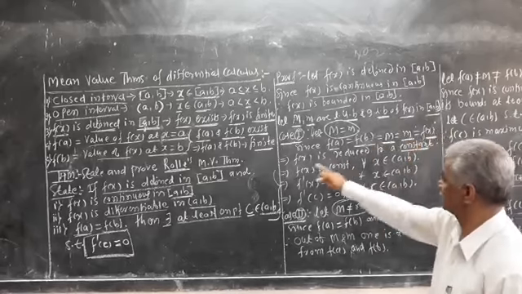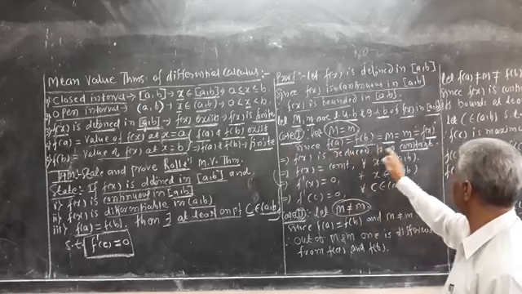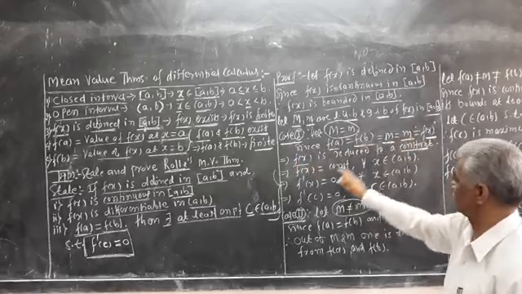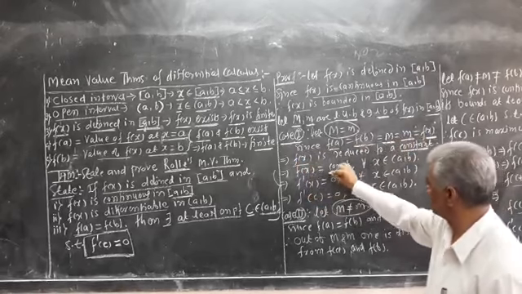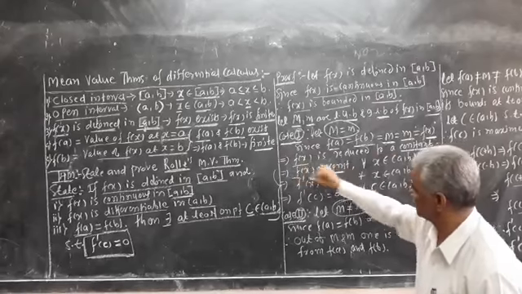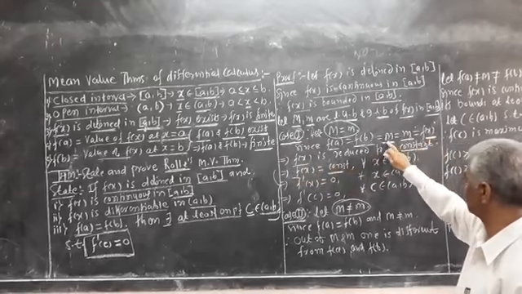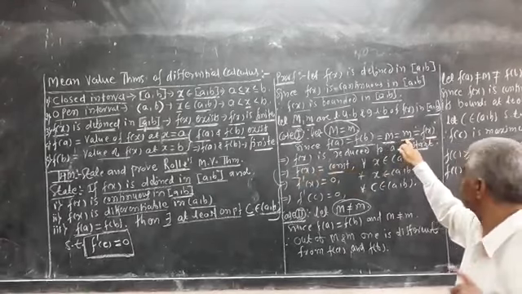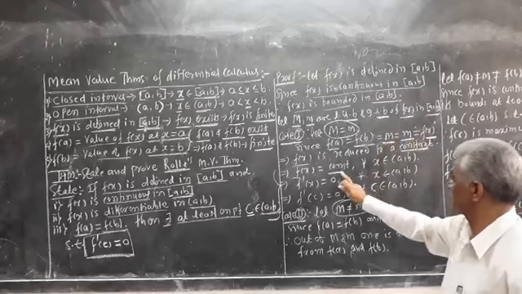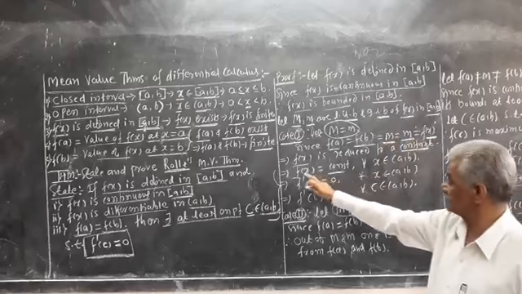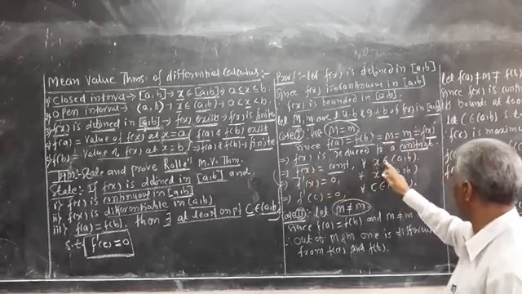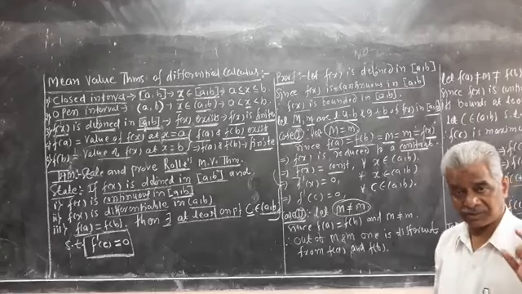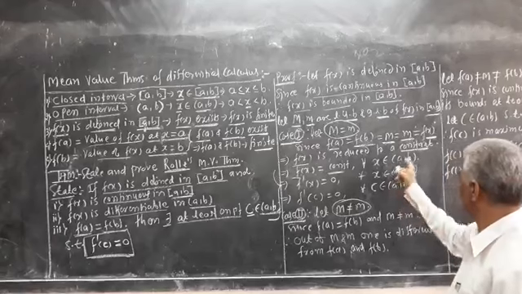Means f of x is reducible to a constant, that is f of x is equal to constant. F of x is equal to capital M, small m, which are constant quantities. Means f of x is constant, and it holds good for all values of x belonging to AB.